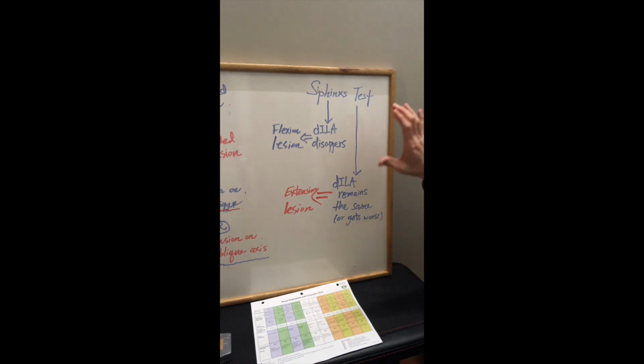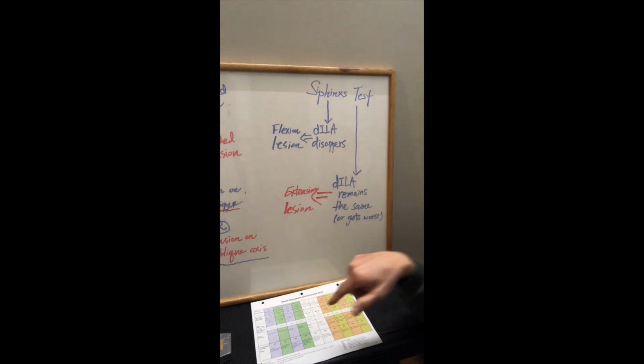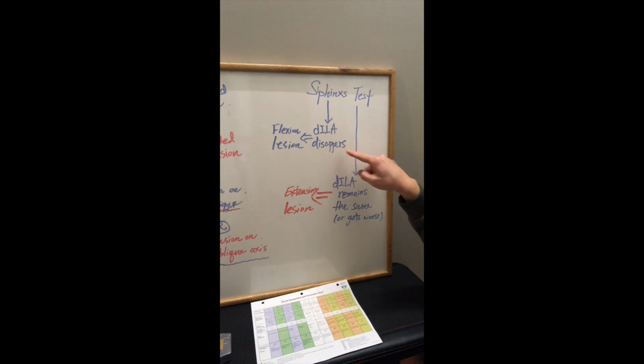So to simplify things, I'm just going to treat the DILA remaining the same and getting worse as the same result. No difference, really. And if the DILA disappears, that means that the lesion or dysfunction is a flexion-based lesion.